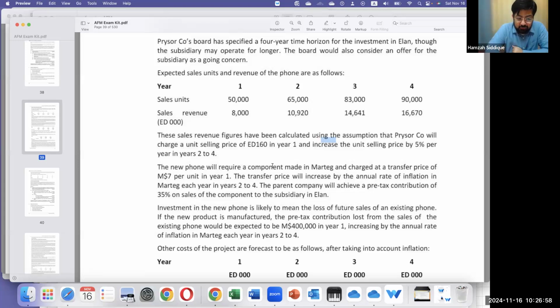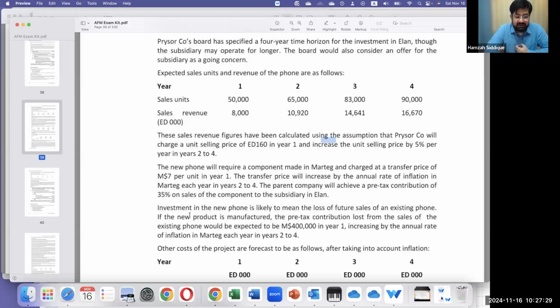The new phone will require a component made in Maltech and charge at a transfer price of $7 per unit in year 1. The transfer price will increase by annual rate of inflation in Maltech in year 2 to 4. The parent company will achieve a pre-tax contribution of 35% on sale of component to the subsidiary in Elan. So they are investing in Elan basically.